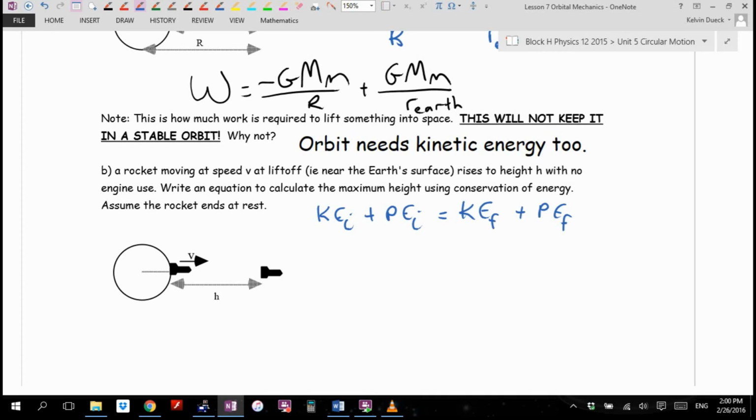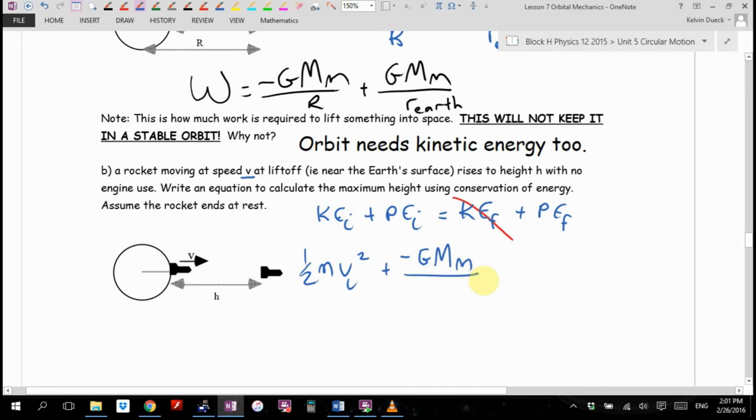Is my initial speed 0? Nope. Is my final speed 0? Yep. This is going to end up being a half m v initial squared plus negative big G, big M, little m over r Earth, because that's our initial.